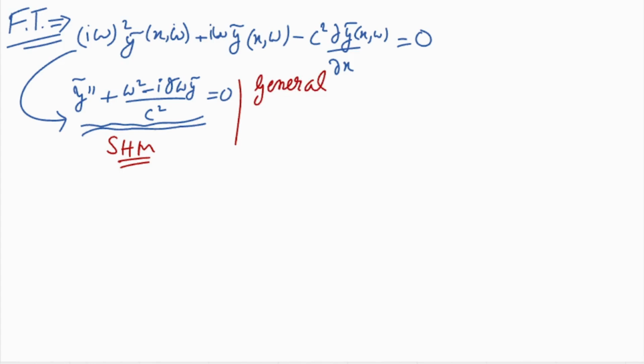What is that? We have A times e to the power iqx plus B times e to the power minus iqx, right? This is the general solution, where this thing is what?